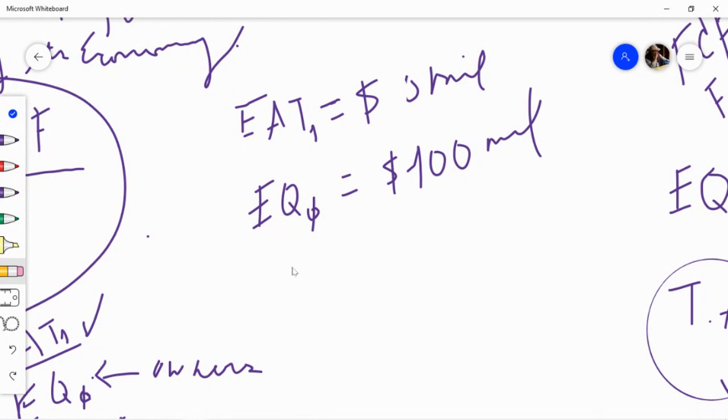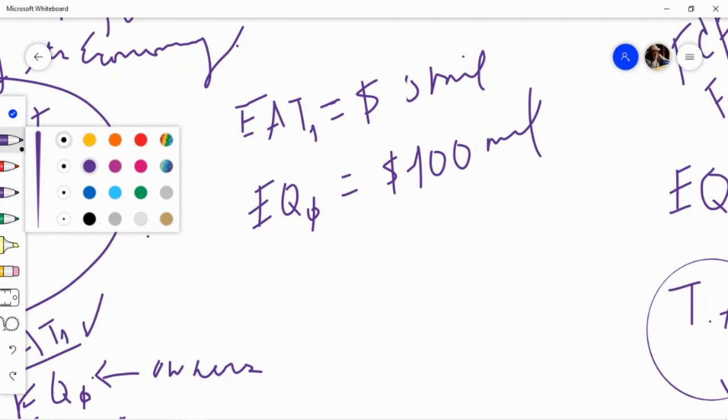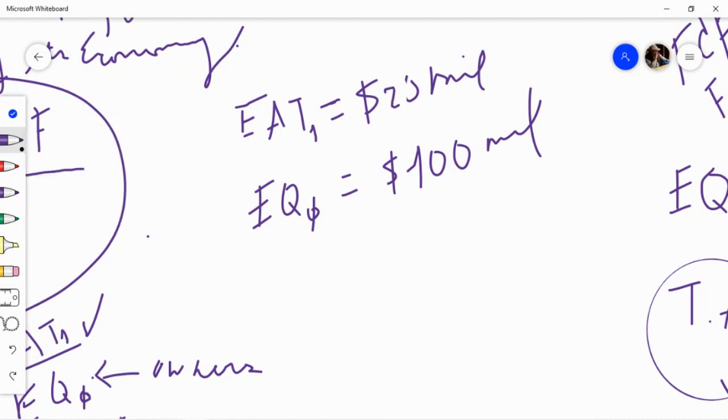Now if you divide that by that, this is called return on equity, isn't that right? And the return on equity is 20% in this case, right?